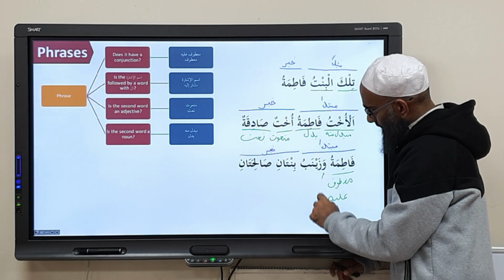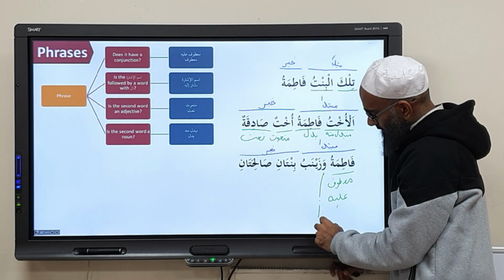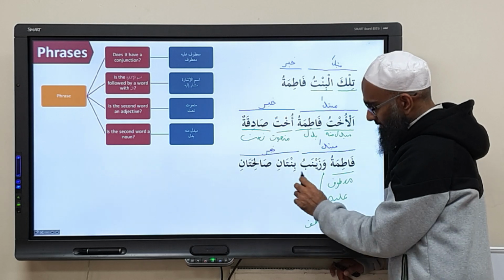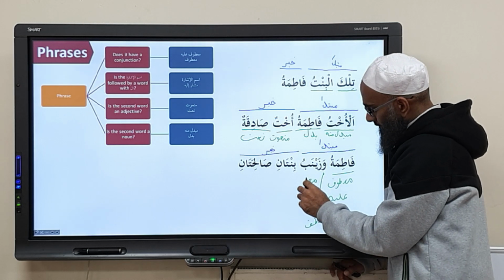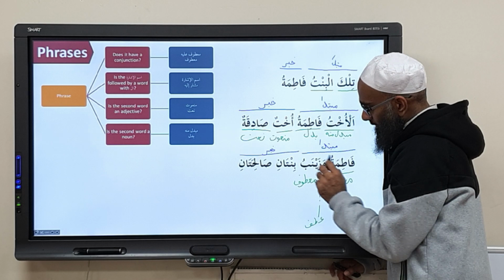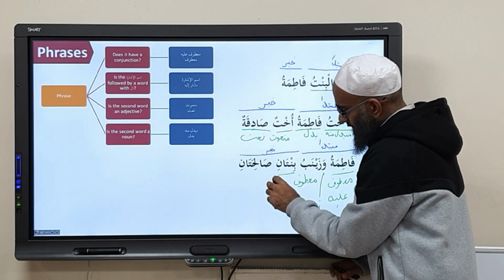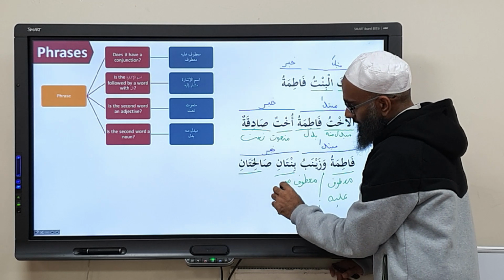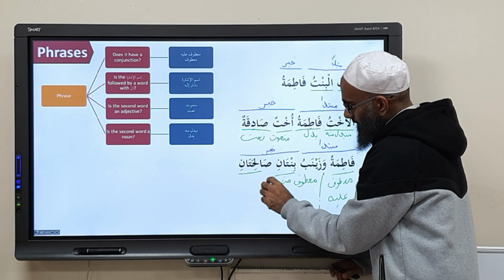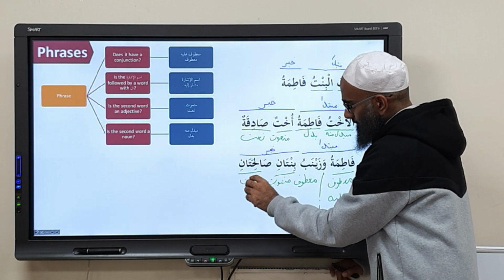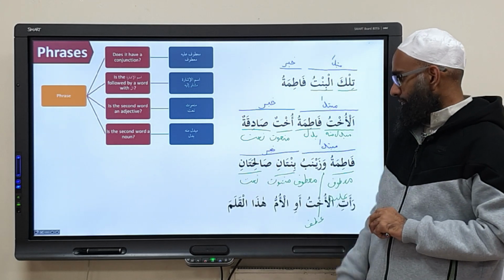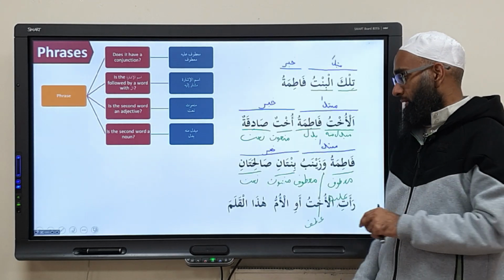Waw is harfu atf. And Zainab is ma'tuf. And bintani salihatani is going to be man'ut and not. Yes? One more at the bottom there you should do.